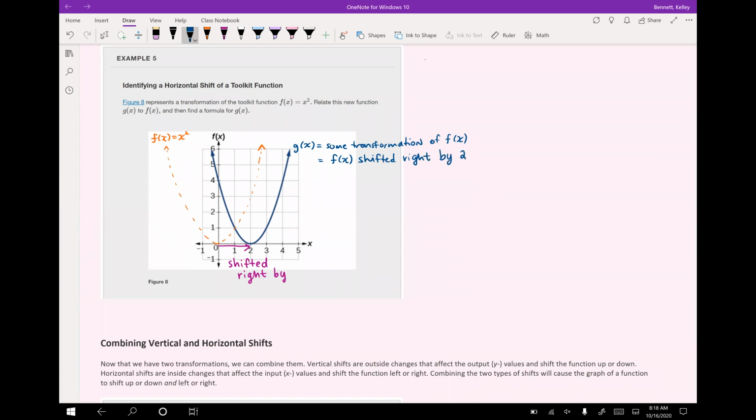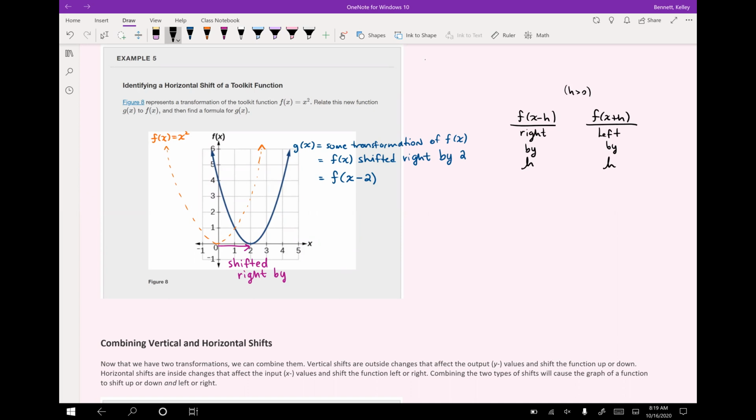And the way that I do that is I just say it's equal to f of x minus 2. So again, remember that f of x minus h, f of x plus h, again, we're assuming that h is greater than 0. This is going to be a right shift. And this is going to be a left shift.